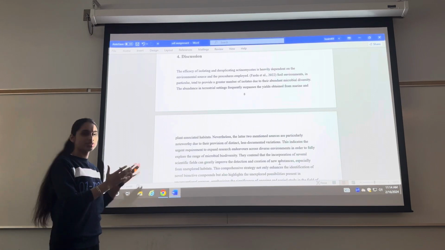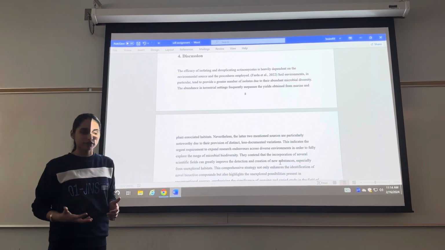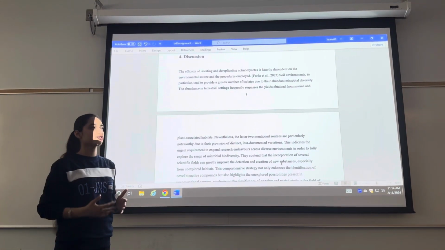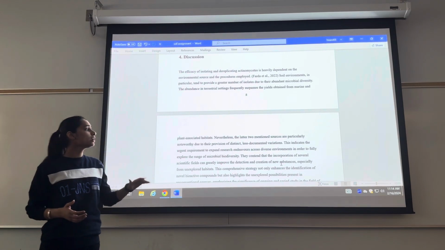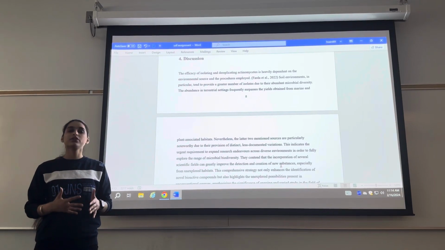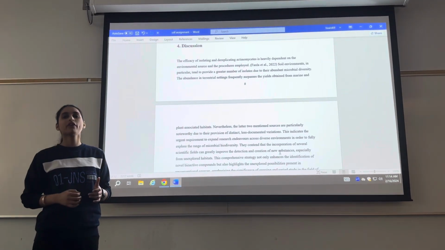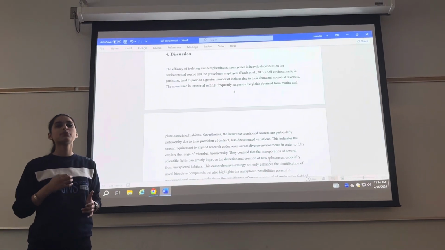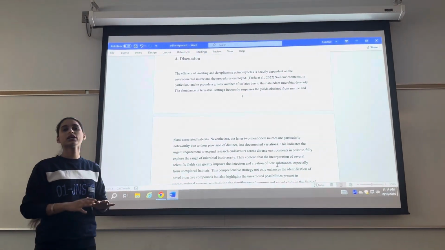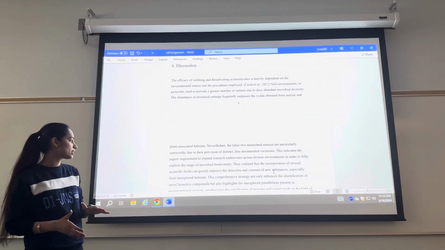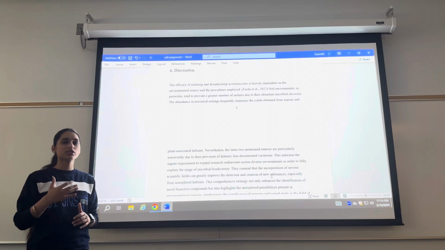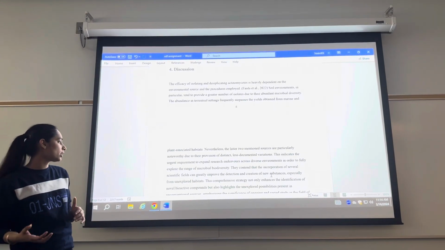This indicates the urgent requirement to expand research endeavors across diverse environments in order to fully explore the range of microbial diversity. They contend that the incorporation of several scientific fields can greatly improve the detection and creation of new substances, especially from unexplored habitats. This comprehensive strategy not only enhances the identification of actinomycetes and the bioactive compounds, but it also highlights the unexplored possibilities present in the natural environment and unconventional sources.